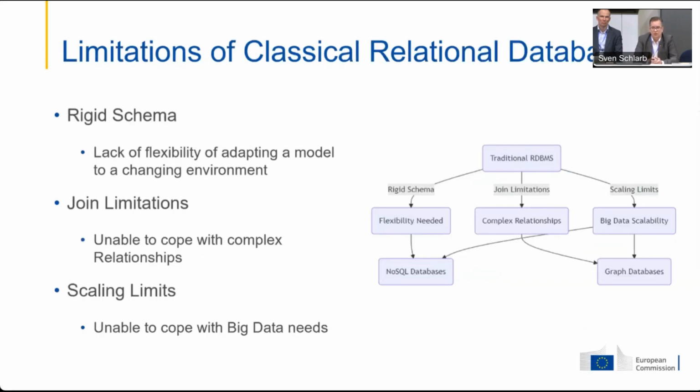If we try to order a bit the limitations that classical relational databases have, we have the mentioned rigid schema, so it's not flexible. We have join limitations, so for some complex relationships we are not able to cope with the joins that we use in the databases.